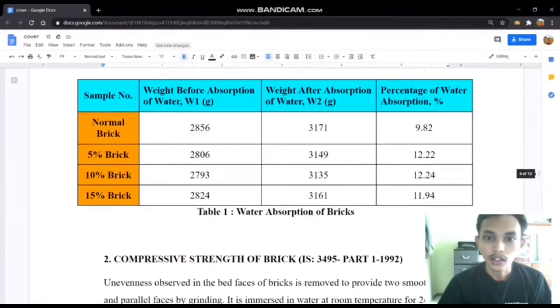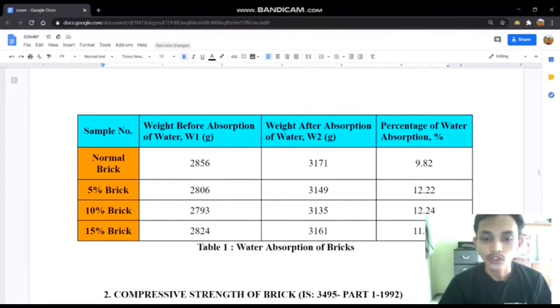So this is the result for this test. You can see here the sample on a normal brick. We can see the percentage of water absorption is lesser than the other bricks which contain coconut fibers.